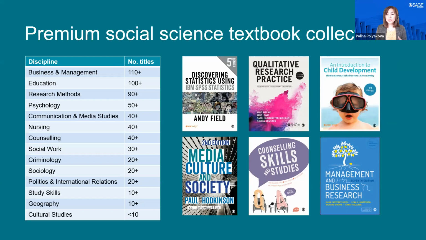And in addition to this core collection, we also have four add-on packages: study skills, research methods, business and management, and professional practice. All these packages contain around 50 additional titles.